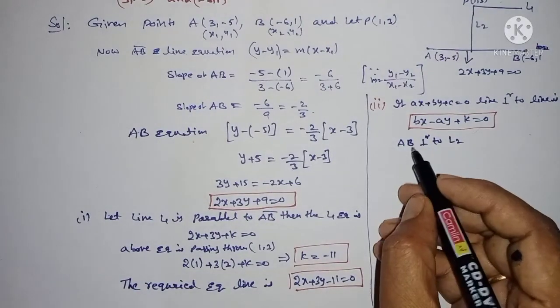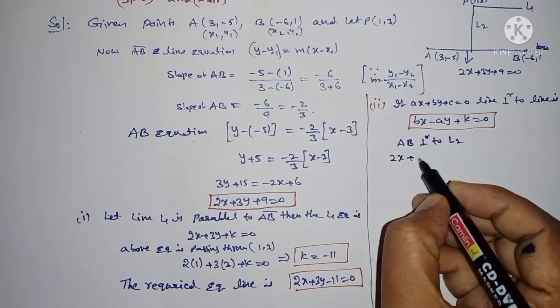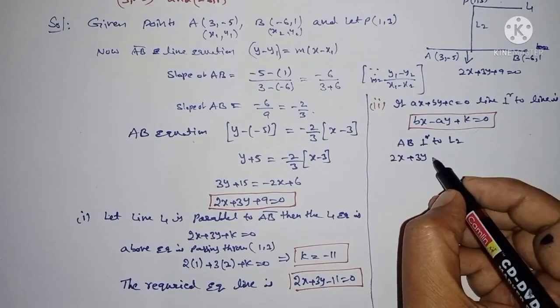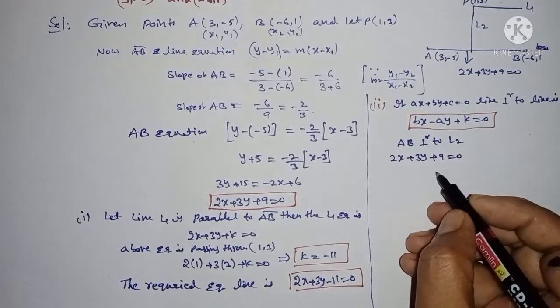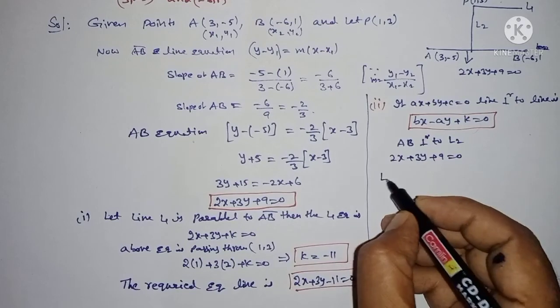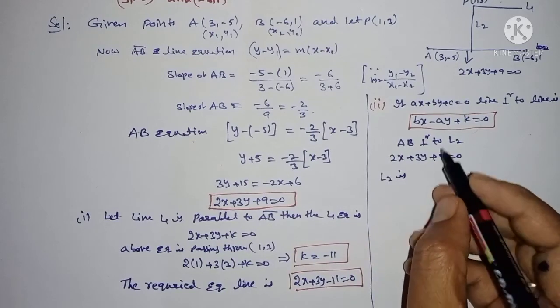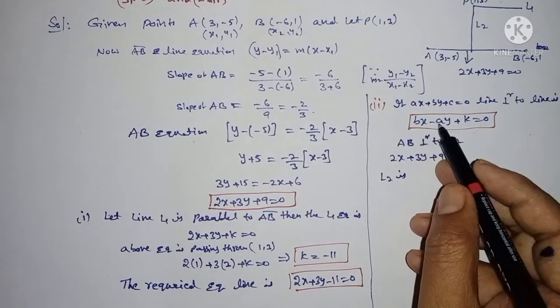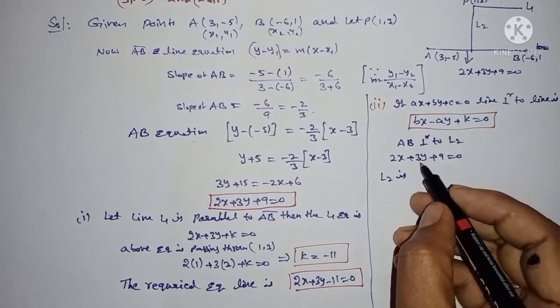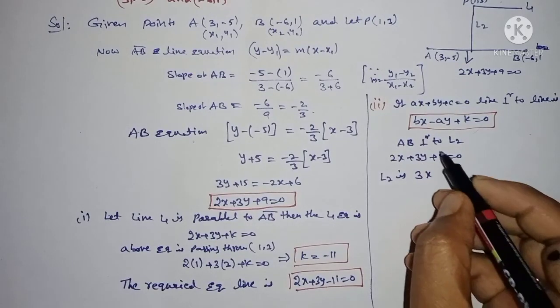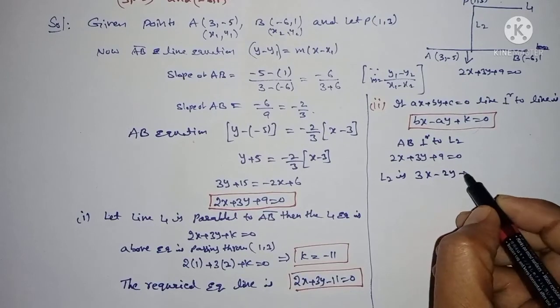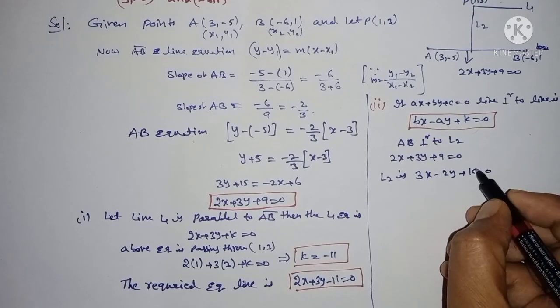Therefore I can write the AB equation. What is given here? 2x plus 3y plus 9 is equal to 0 is the AB equation. Therefore for the L2 equation, interchanging a and b and putting a minus sign, 3x minus 2y plus k is equal to 0.